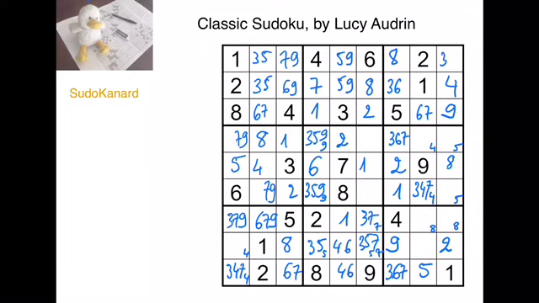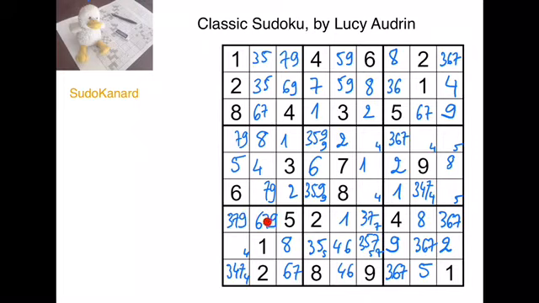This is 3, 6, or 7. There's a 4 in one of those cells. Oh, this 8 also resolves this. That's an 8 in this cell. We need 3, 6, and 7 in those cells.